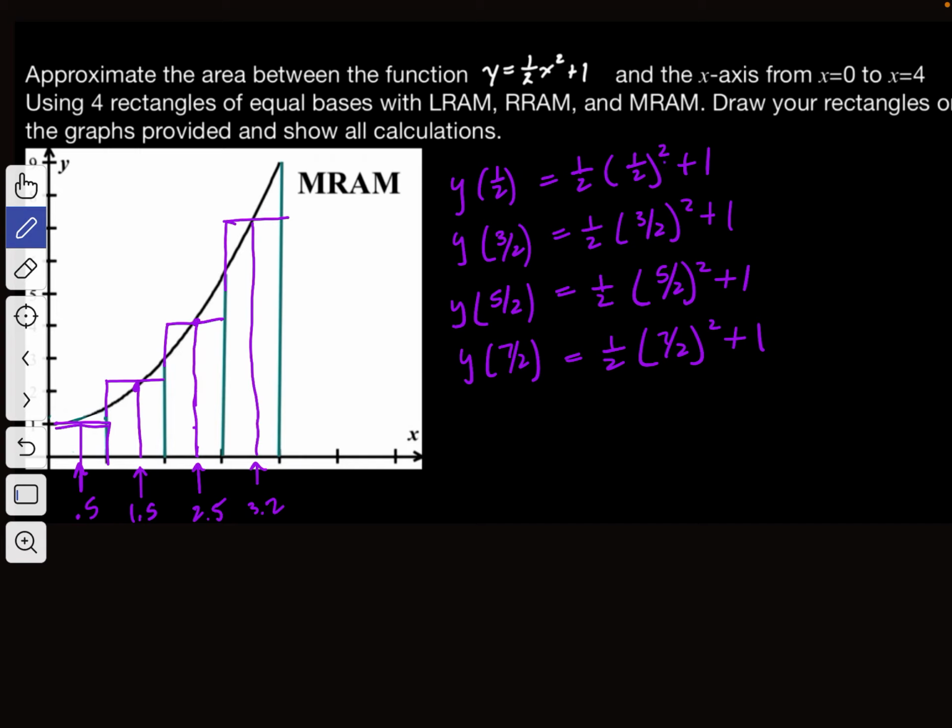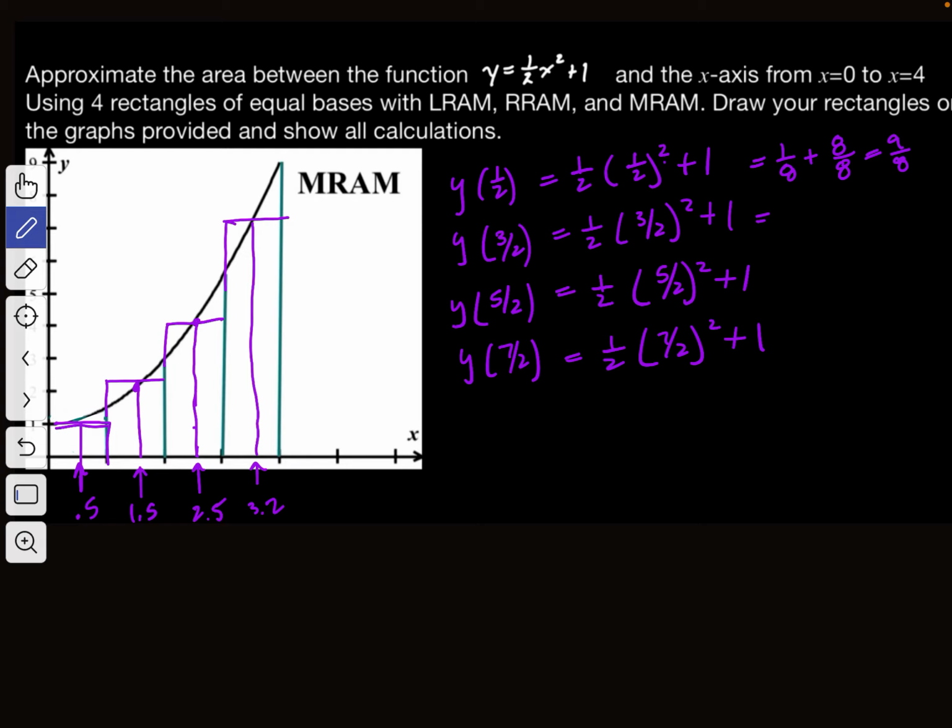Okay, so let's see, 1/2 squared is 1/4 times 1/2 is 1/8, plus 8/8. If I change 1 into a fraction, that would be 8/8. And so add this up and we get 9/8. All right, so let's see, 3/2 squared is going to be 9/4.